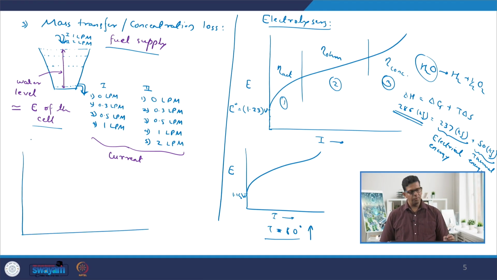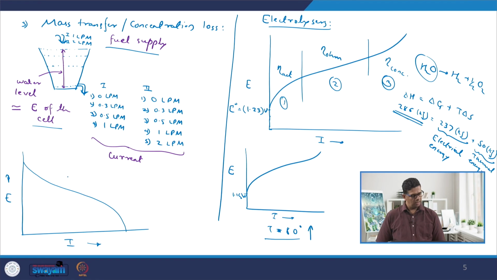even if I consider the first case, where we are supplying 1 liter per minute, if I maintain the flow rate of hydrogen as 1 liter per minute, let us assume that we are going to get a performance curve like this. In order to avoid this third zone, that is the mass transfer zone, what can we do? We can increase the flow rate, for example to 2 liter per minute.